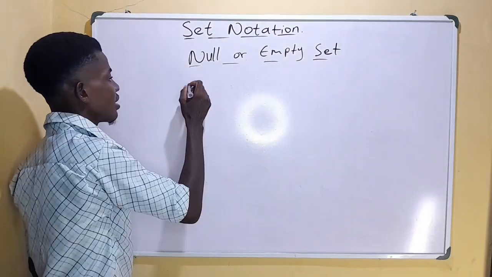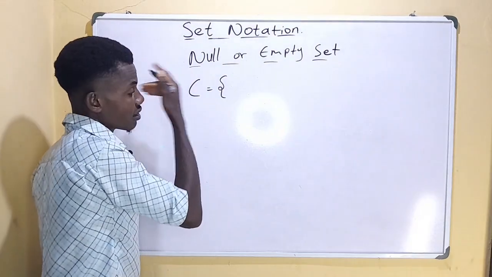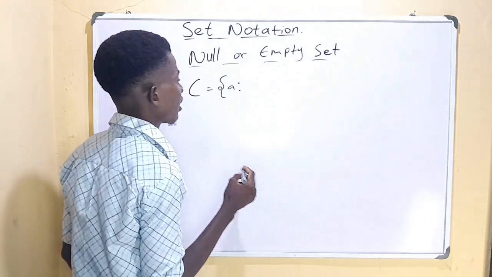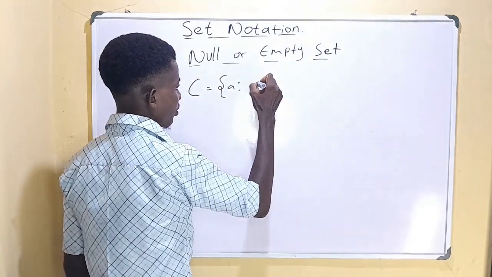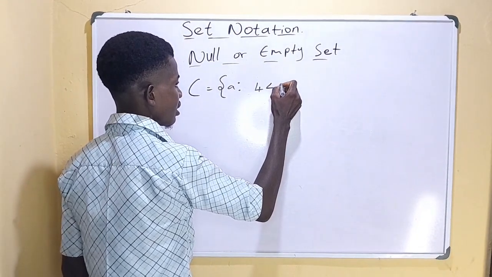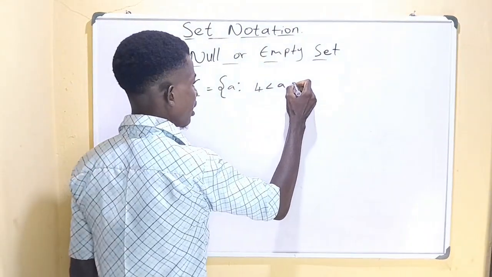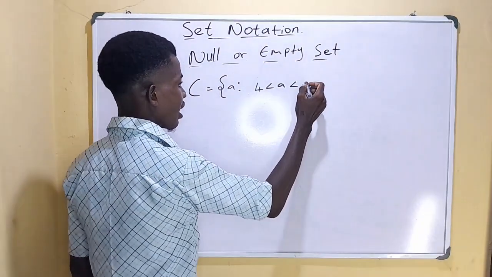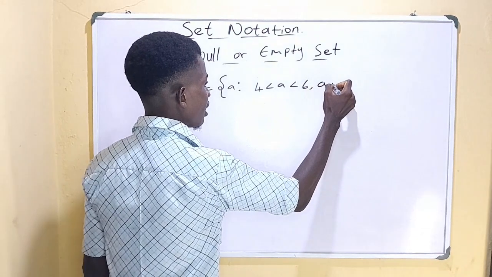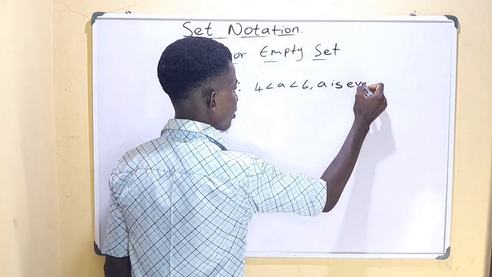Example, let's say set C is the set of A such that 4 is less than A and A is less than 6 and A is even.